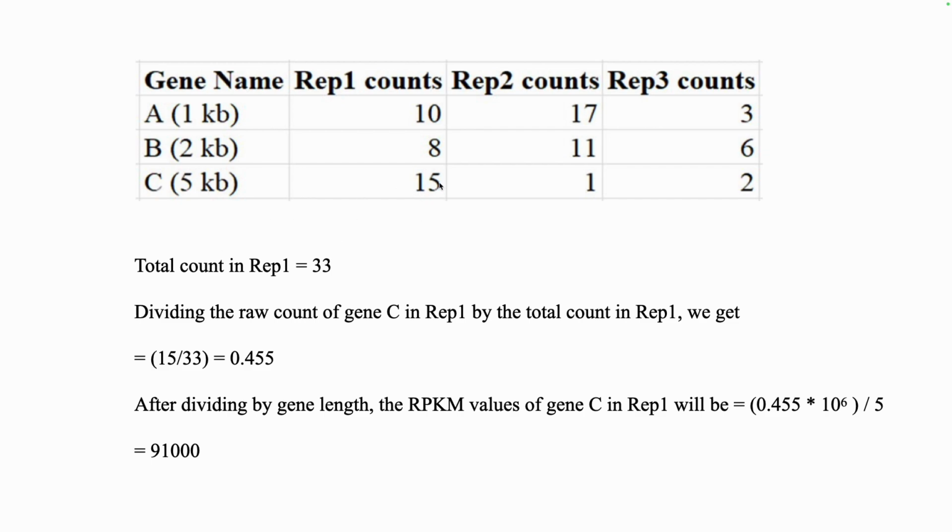Then we divide the gene C value by our calculated value, which is 33. Then we get a number, and we multiply it by a million. And then we divide it by its gene length.